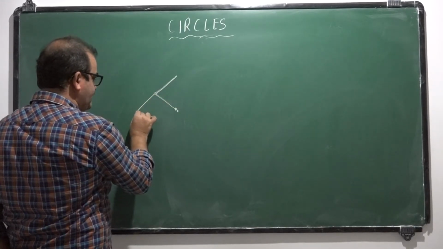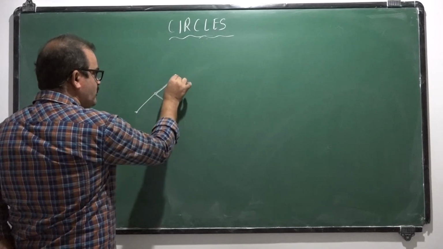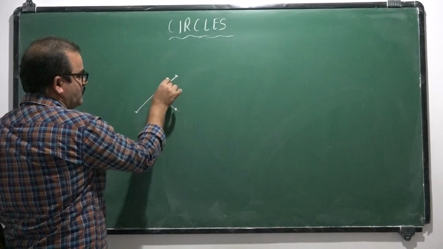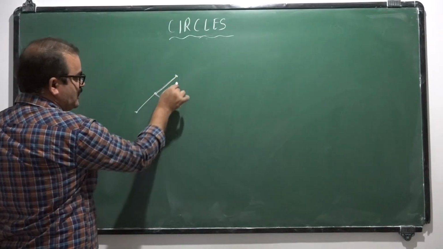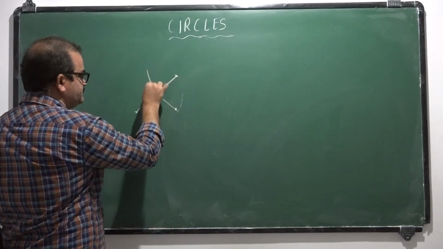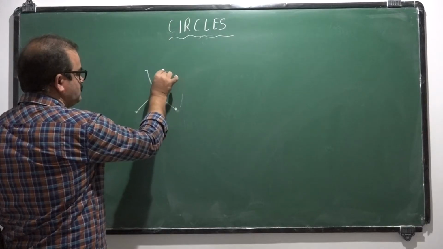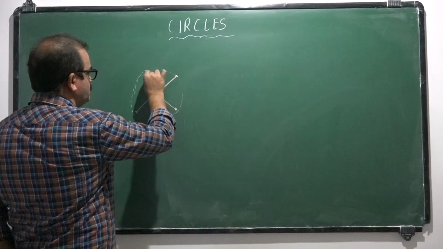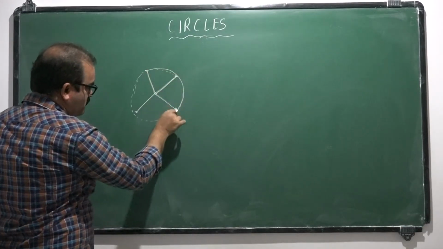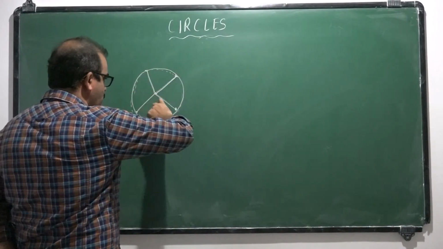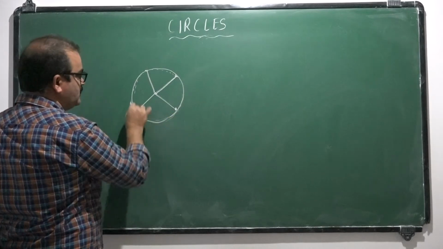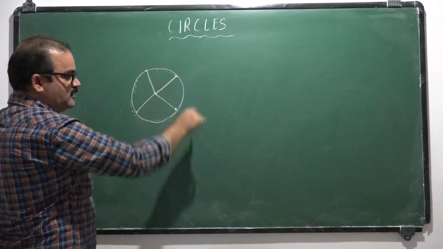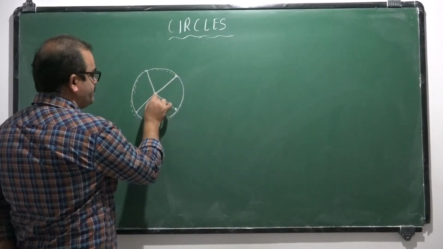The set of points in a plane are at constant distance from a fixed point. Now, on joining all these points, we get the locus. This locus is called a circle.